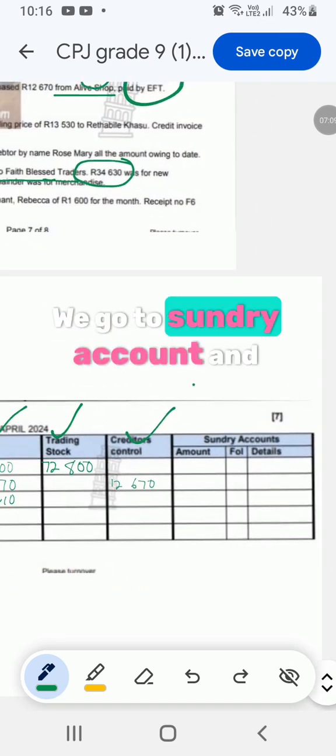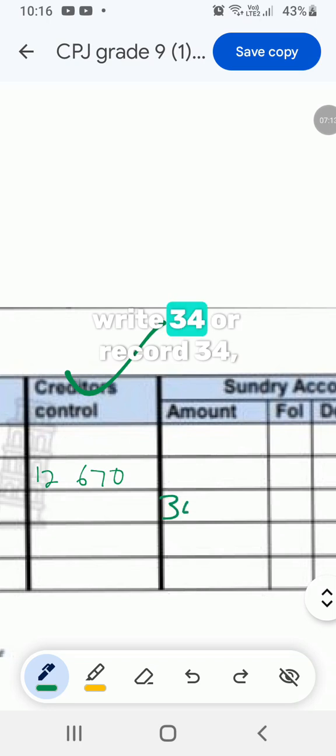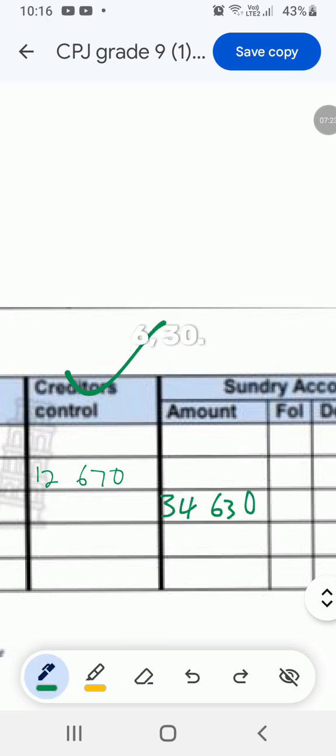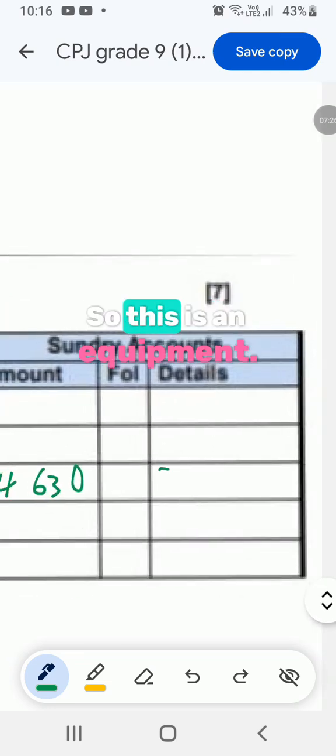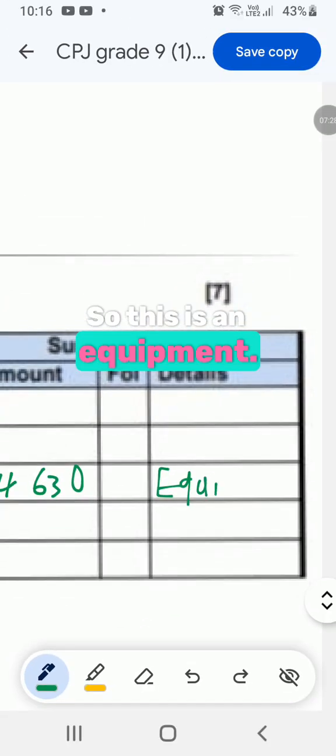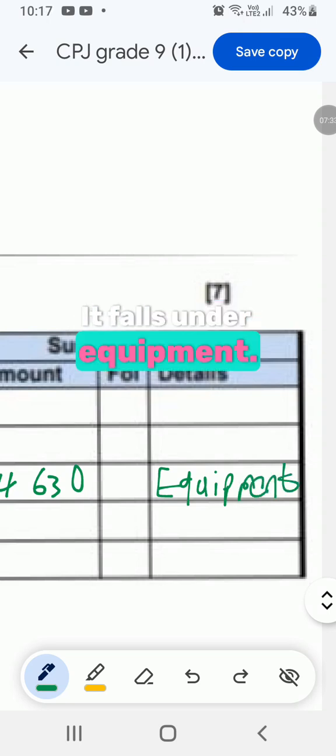We go to sundry account and record 34,630. And then we write the details. So this is equipment. We don't have to write photocopy, it falls under equipment.